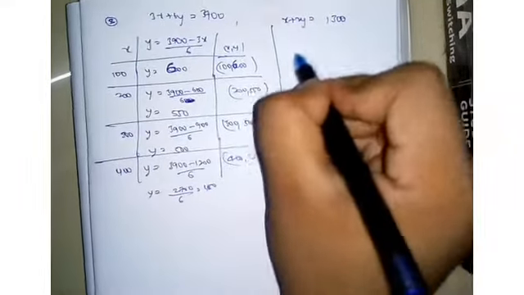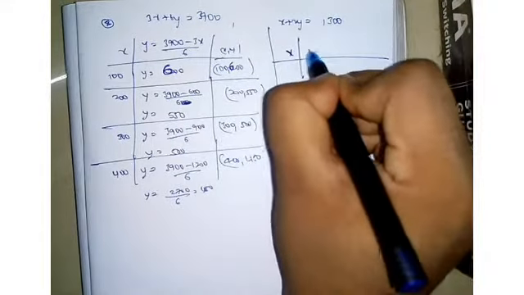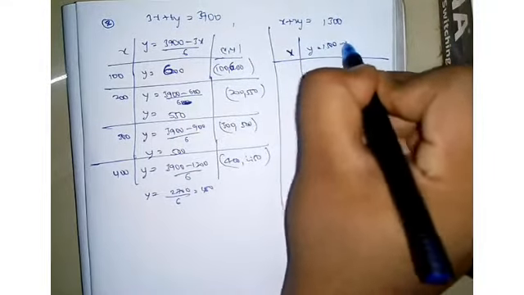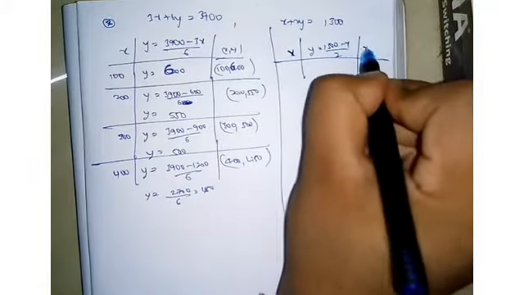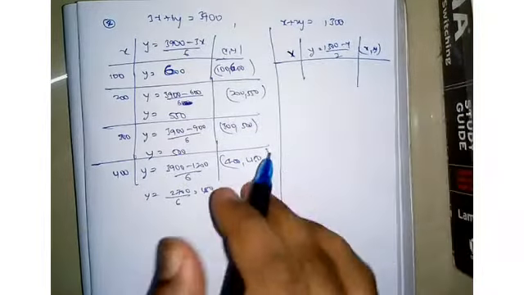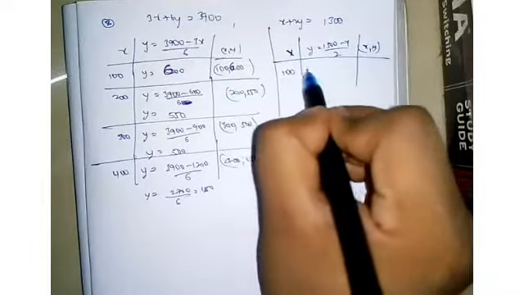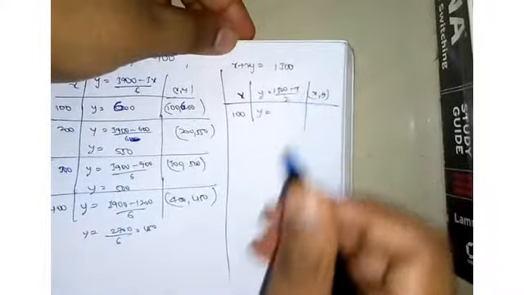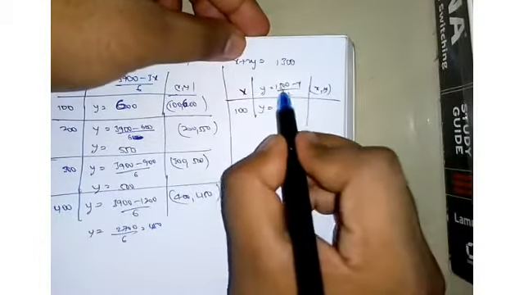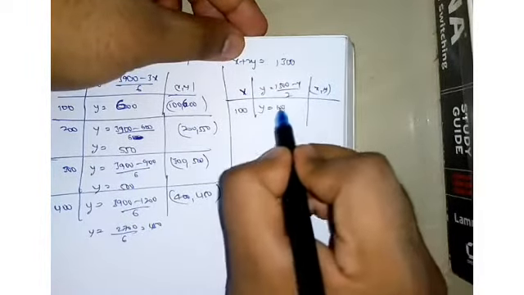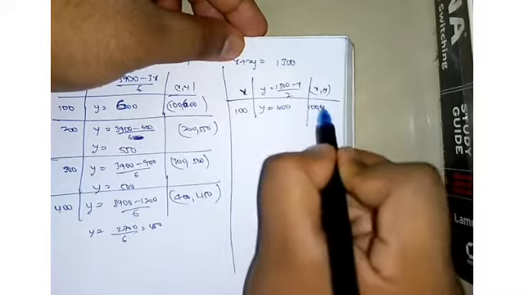Next one, x plus 2y is equal to 1300, so y will be equal to 1300 minus x by 2, and x comma y. For x equals 100, y will be 1300 minus 100, which is 1200, by 2 is 600. So it will be 100 comma 600.